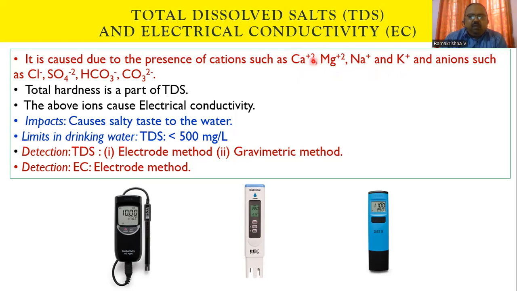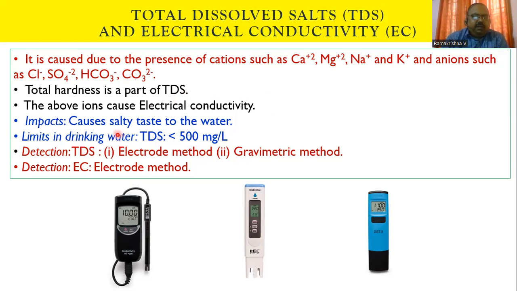When there are more ions, it ultimately leads to passage of electrical conductivity through that particular water. More and more ions, more and more electrical conductivity. Now the contribution of all these ions is a part of the TDS.